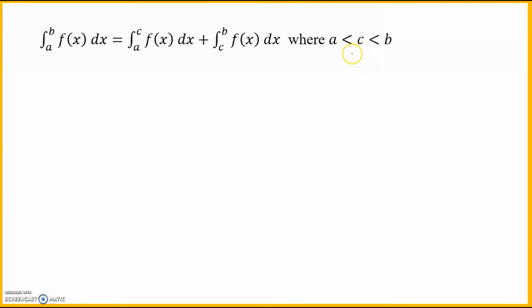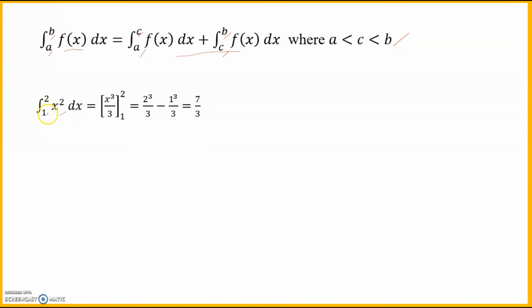Third, if c is in the interval from a to b, then the integral for f(x) with a limit from a to b can break up into two integrals, from a to c, then from c to b. So for example, let's say I wish to find the integral of x squared.